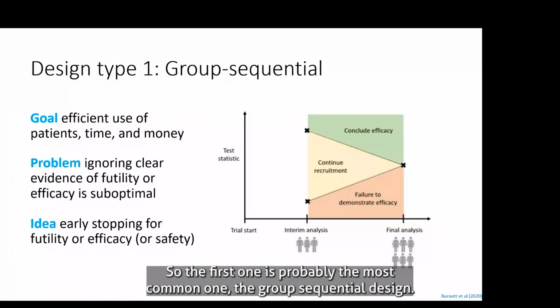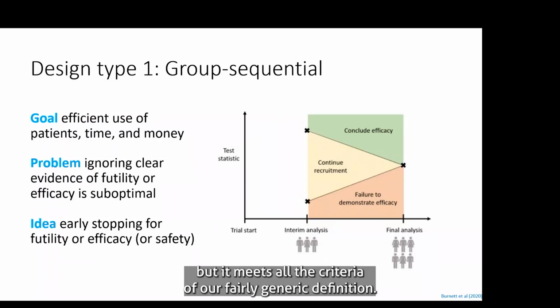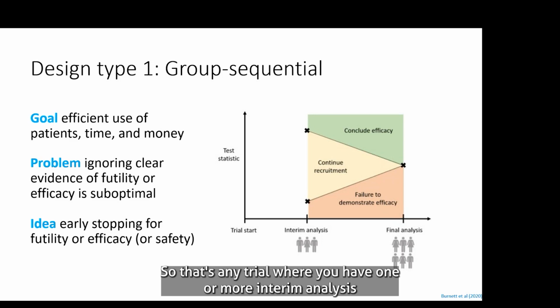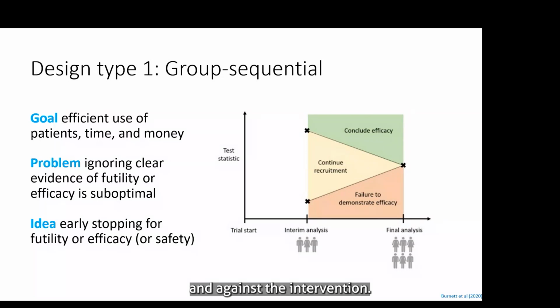So the first one is probably the most common one, the group sequential design. Some people wouldn't even call it adaptive, but it meets all the criteria of our fairly generic definition. So that's any trial where you have one or more interim analyses at which you look at the evidence in favor and against the intervention arm.